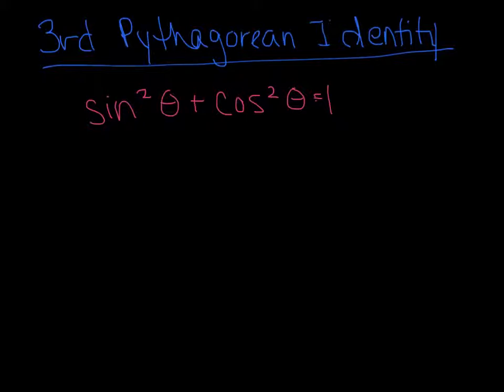Now, instead of changing sine squared into tangent, I'm going to change cosine squared into cotangent. And the only way to do that is cosine over sine will become cotangent. So that's what I need to divide each term by, because once you divide one, you have to divide all of them. So I'm dividing all of them by sine squared theta.